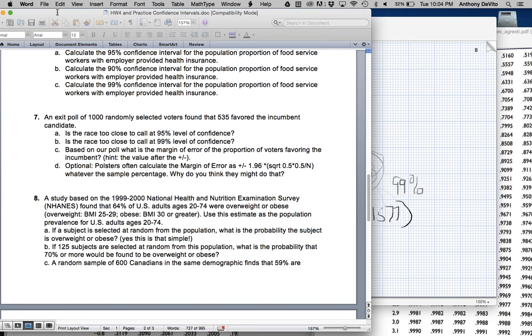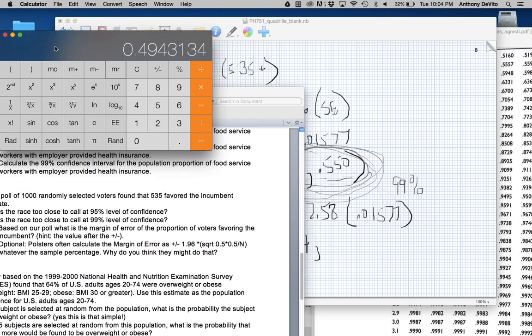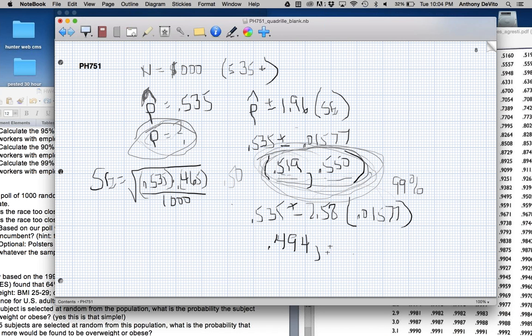And our upper range is going to be, I'm getting a little clumsy here. Okay, let's clear this out. It's going to be 0.535 plus our margin of error, which is 0.575.